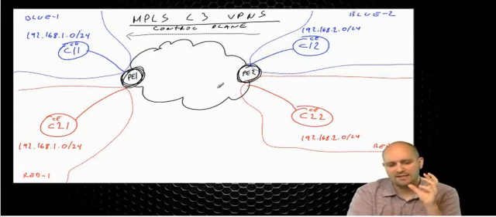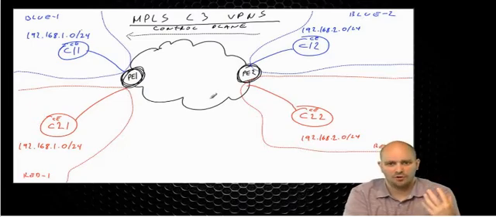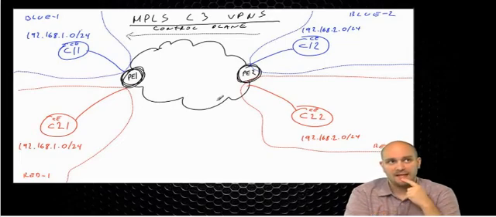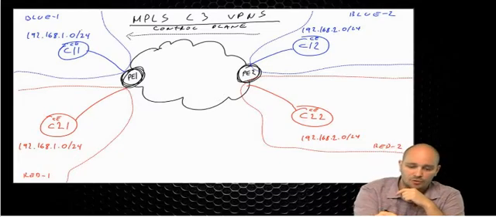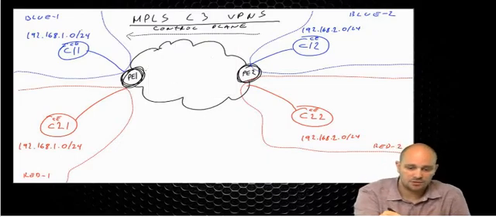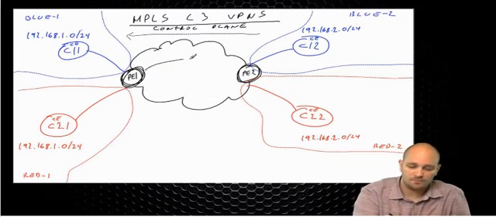What we need is a protocol that can carry an arbitrary number of routes without being overwhelmed by the large number of routes. What protocol could that be? Well, one protocol comes to mind, and that is of course BGP. Between PE1 and PE2, we could run BGP.